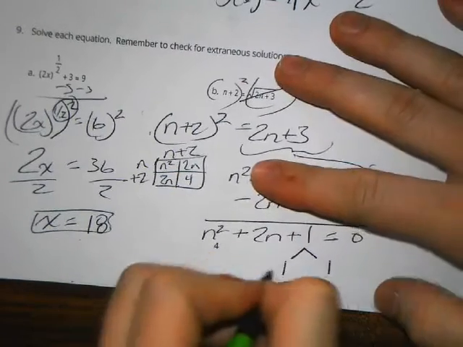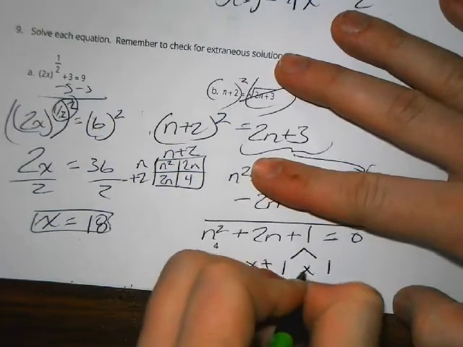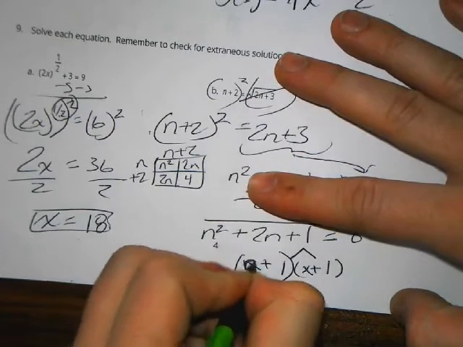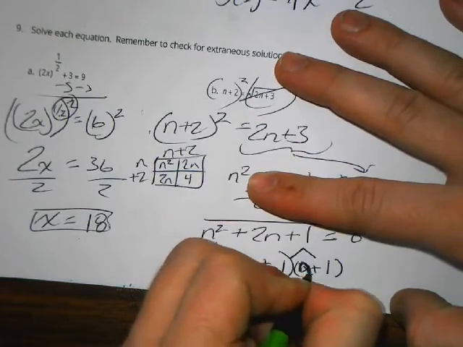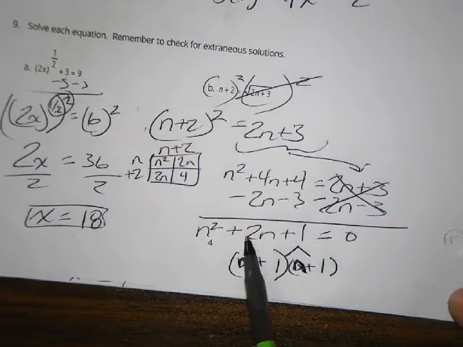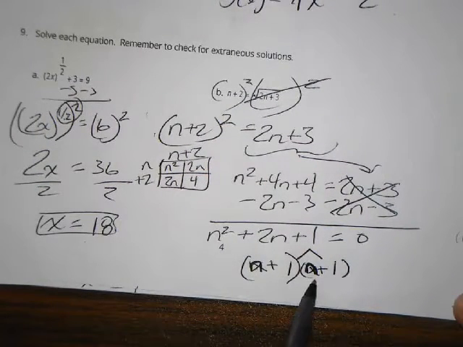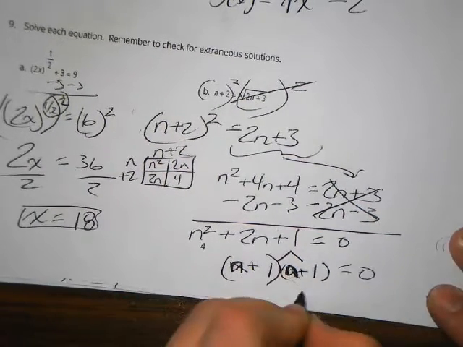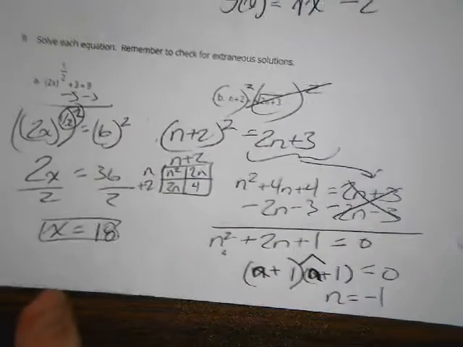And n plus 1 times n plus 1, we should get this one back. So let's make sure we got this right. N times n is n squared, plus n is 2n, and then 1 times 1 is 1. So this looks good. So then n equals -1.